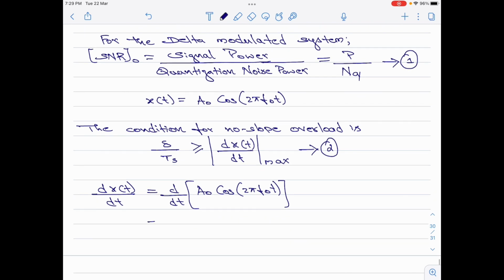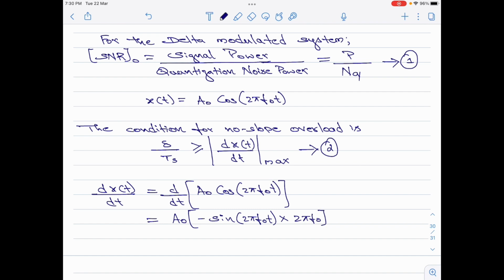This is equal to A naught, which is constant, so I will take it outside the differentiation. Then I apply the differentiation to cos, which is minus of sine. So, it will be minus sine of 2 pi f naught t multiplied by the coefficient of t, which is 2 pi f naught.